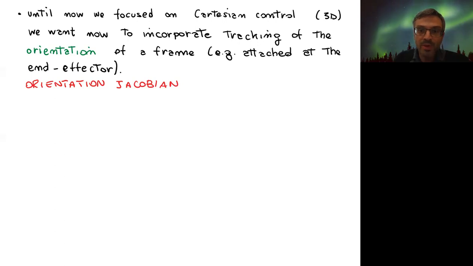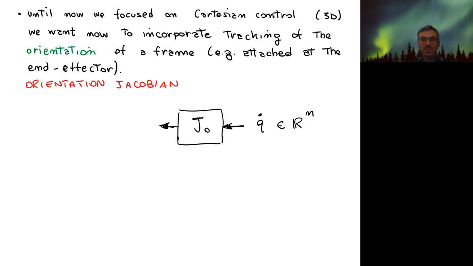In particular, to implement, for example, a PD, proportional derivative controller for the orientation, we need to have a measure of the orientation and also a way to measure the velocity, the change of the orientation, so the angular velocity of the frame. And also a way to map the control law, whenever we computed this control law for the orientation, into torques. And for doing that, we use the angular part of the geometric Jacobian.